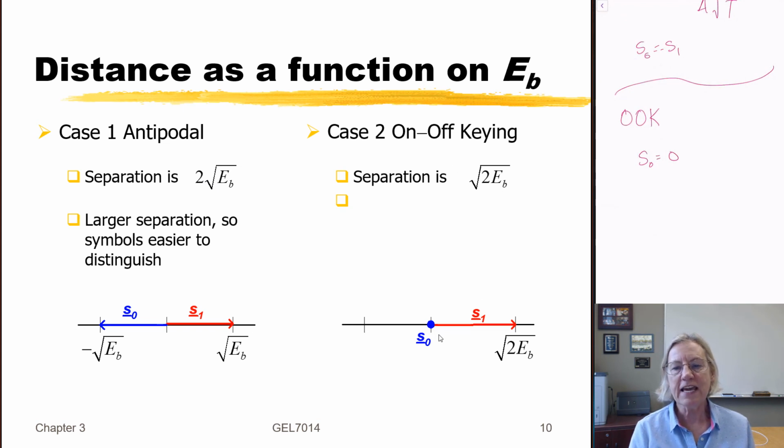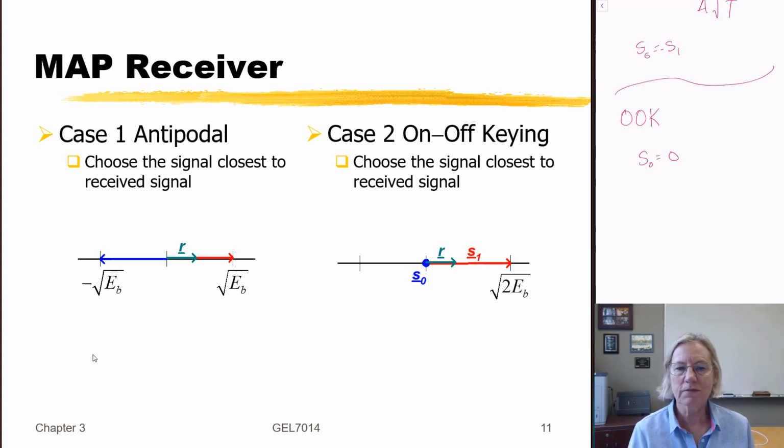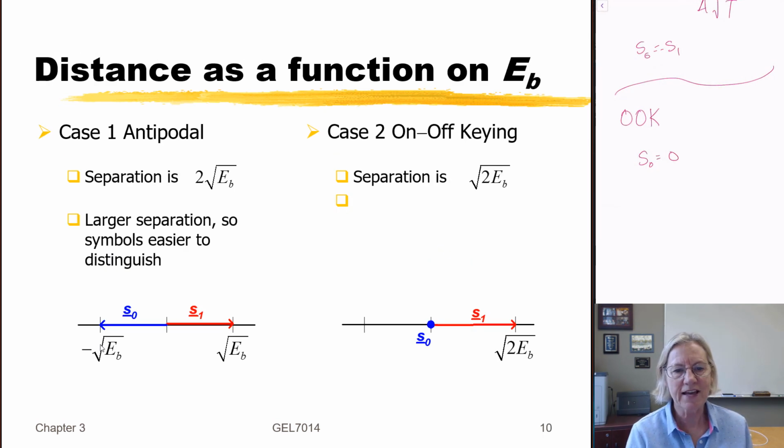In the case of on-off keying, the distance between the 2 symbols is the square root of 2 times the square root of E_b. And of course, the square root of 2 is 1.414, and therefore 1.414 is smaller than 2, which means that these two are closer than these 2 symbols. And we can see that by eye.